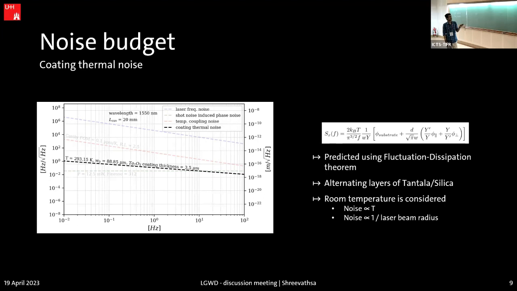Here I considered a 99% coating and some parameters like 88 micrometer of beam width and so on. And noise is directly proportional to temperature, as I mentioned. Here it was room temperature for the current measurement, but obviously we go down by 2 orders of magnitude once the proof mass cavity is in the cryostat.